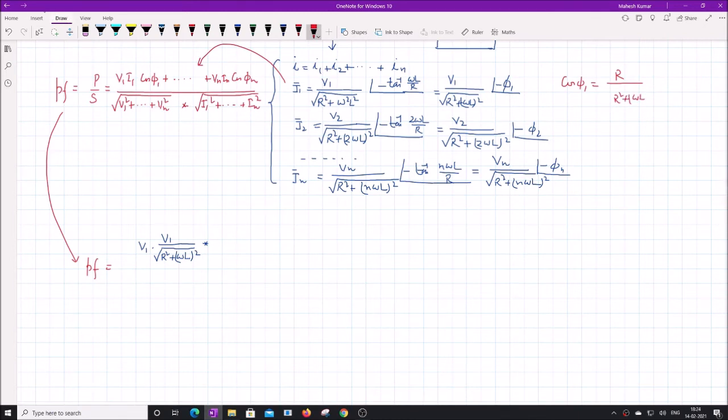I'm sorry, you may not be able to see it here, so I will put it down. The square root will come here, and the square root will also come here.